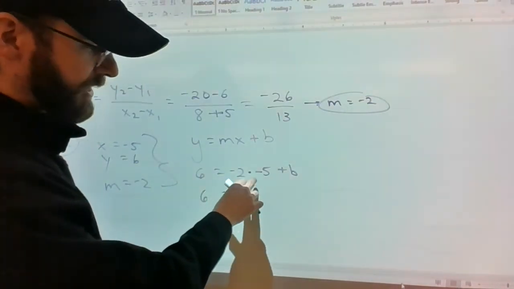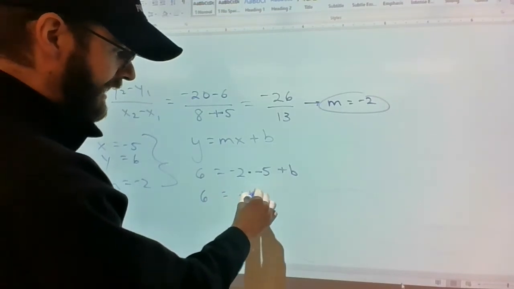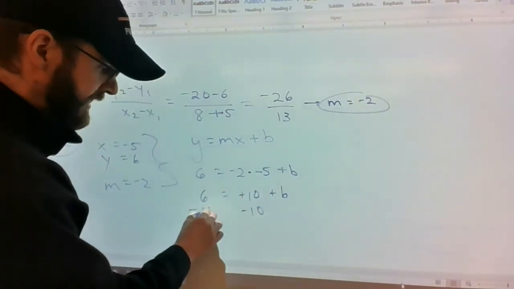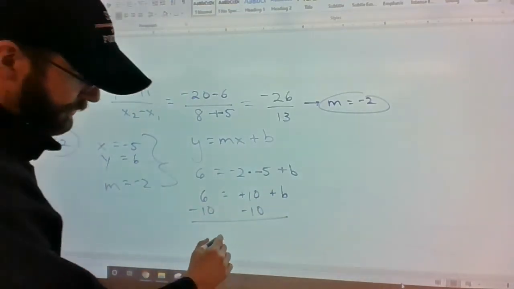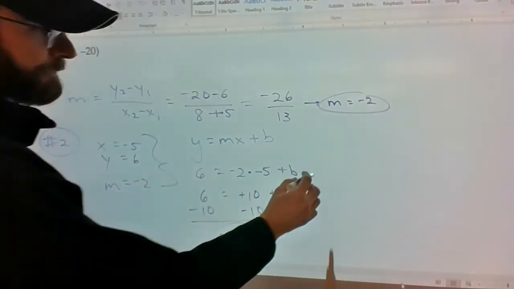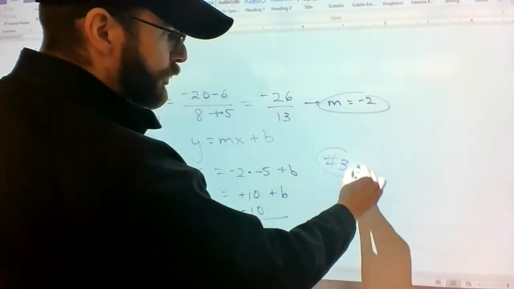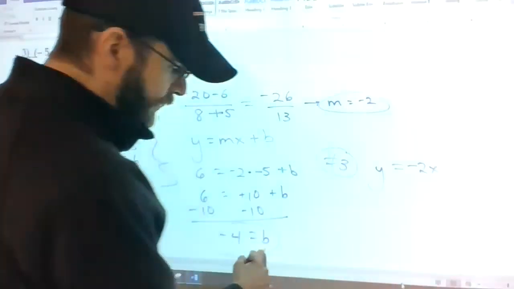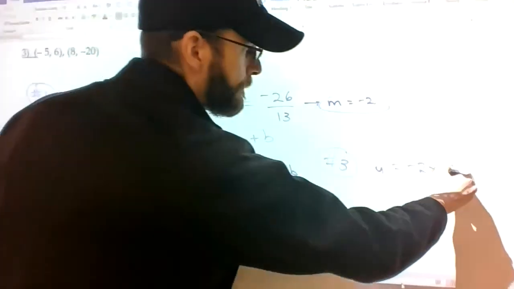A negative 2 times a negative 5 is a positive 10. Minus 10 from both sides to get b by itself, and you're left with negative 4 is equal to b. Put it all together, what do you get? You get an equation that has a slope of negative 2 and a y-intercept of negative 4.